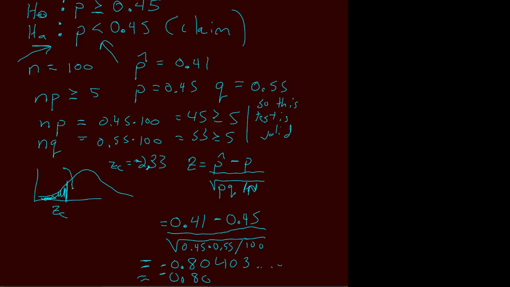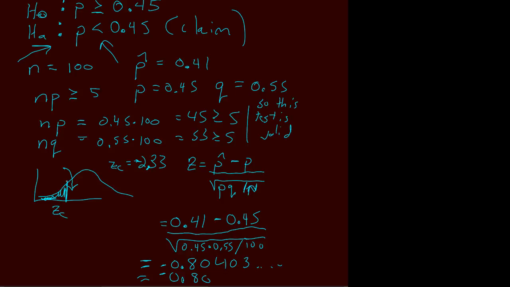Well, that is not in the rejection region. So there is not enough evidence at 1% to support the claim. Remember, the claim is the alternative hypothesis.